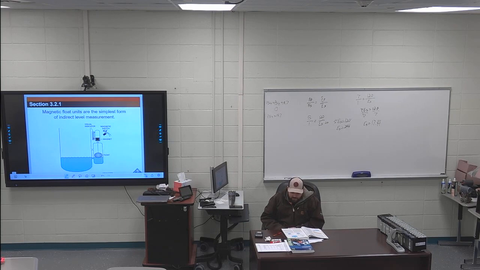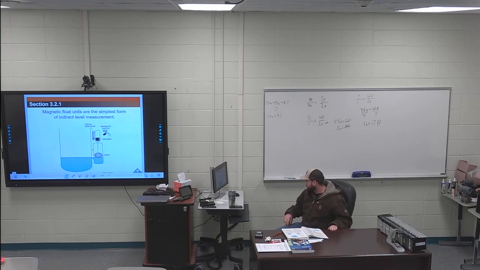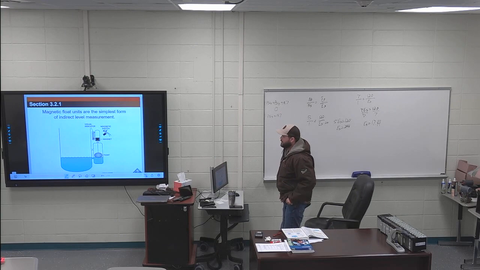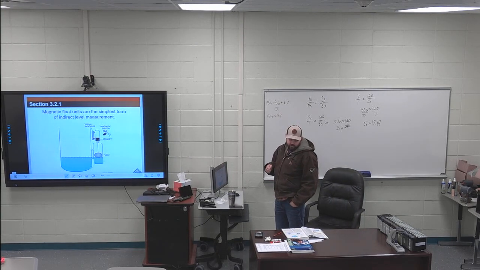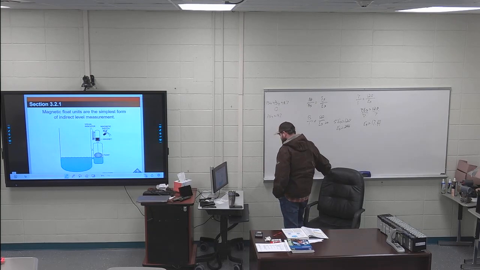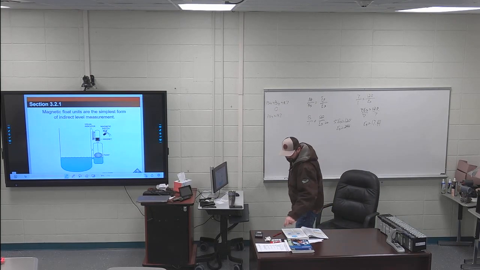So on page 25, the first full sentence, that little middle paragraph, first sentence is highlighted. As the level in the tank increases, the capacitance between the probe and the tank wall decreases. So normally, a capacitor like you use on your air conditioning system at your house, right?